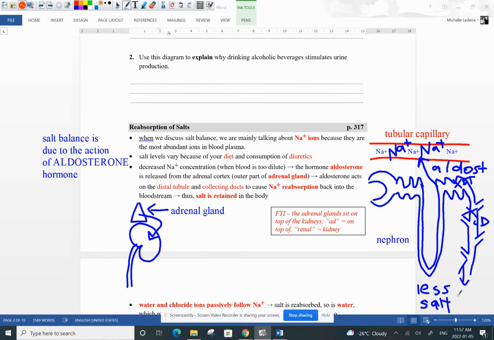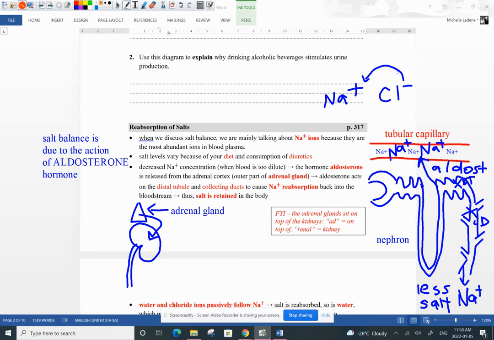Okay? And when we talk about aldosterone, I kind of gave you a little preview of what I was going to talk about. We've already talked about that anytime salt moves, chloride is going to follow because that positive charge of sodium, well, the negative of chloride is attracted to the charges, right?